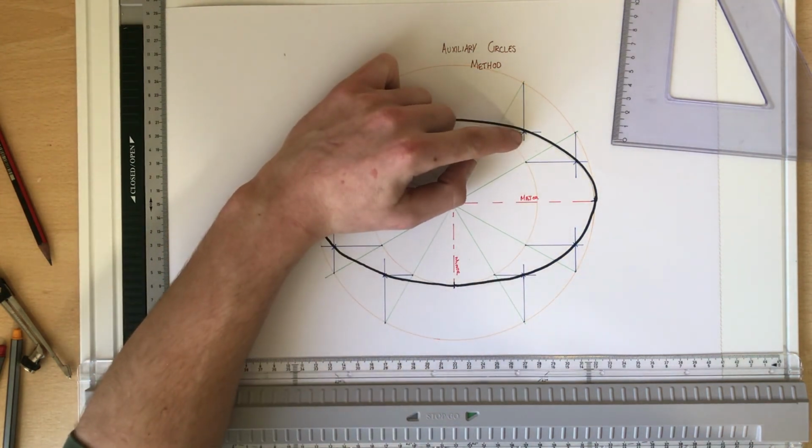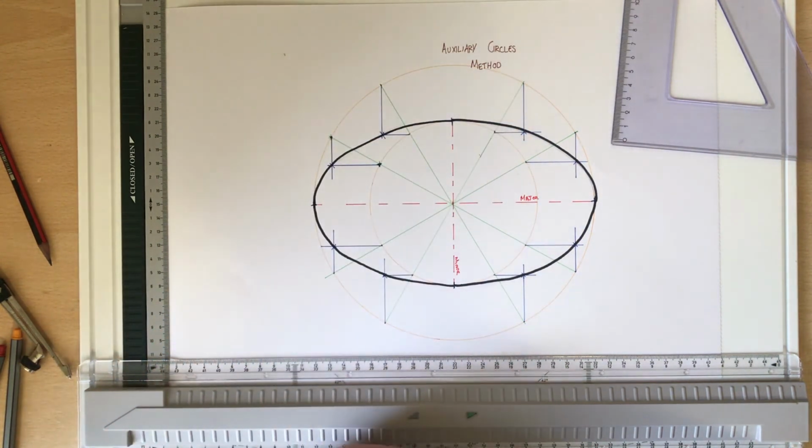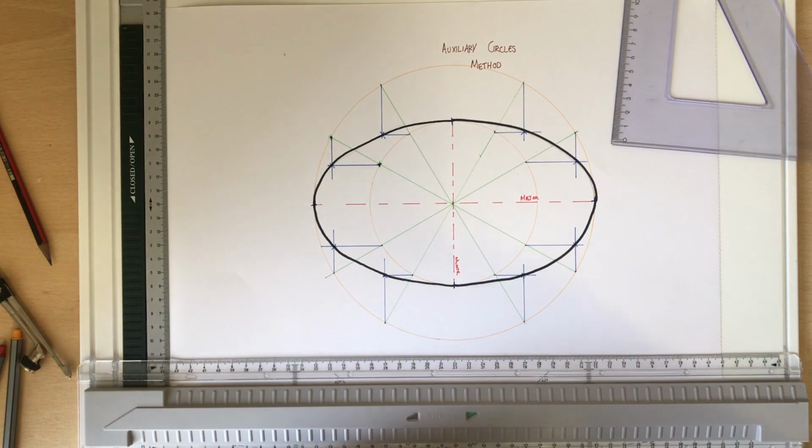The point of intersection of these two lines lay on the curve of the ellipse. So that's how we drew the ellipse using the auxiliary circles method.